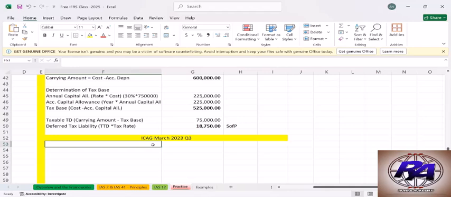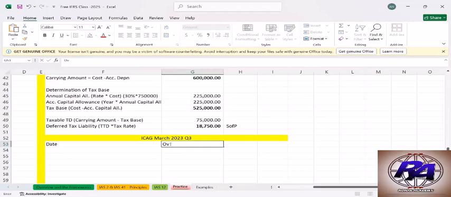All right, first things first, we need to account for over provision or under provision of tax. So let's give here to be the dates, then this place will be over provision. So what we provided for, the provisions we made, and then what we paid based on tax authorities, the amount paid.